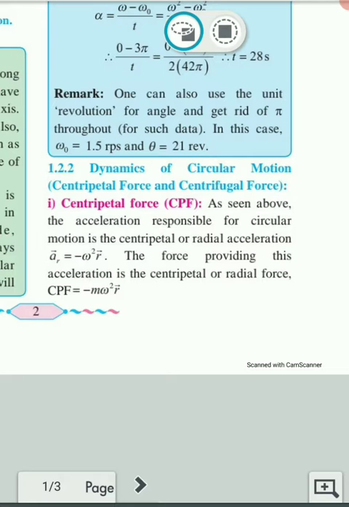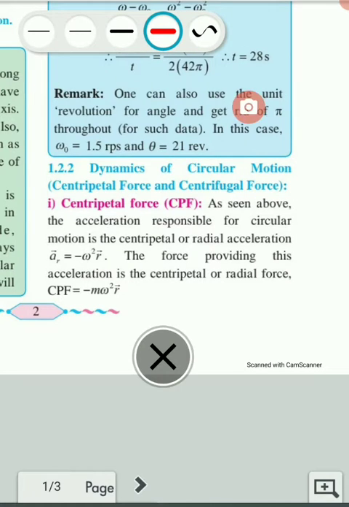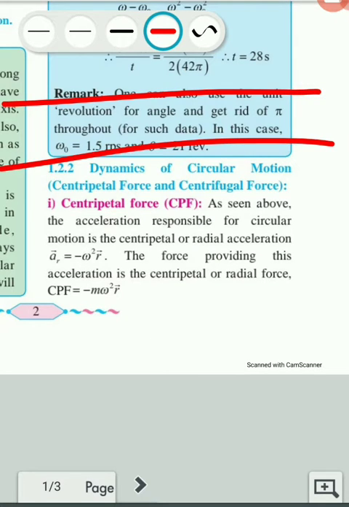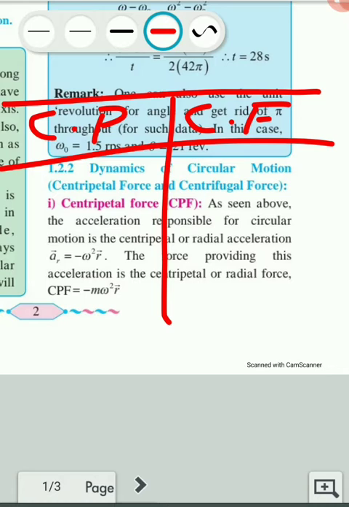Here we consider the table, left side centripetal force and right side centrifugal force. First we can say definition. In this point we define centripetal force.